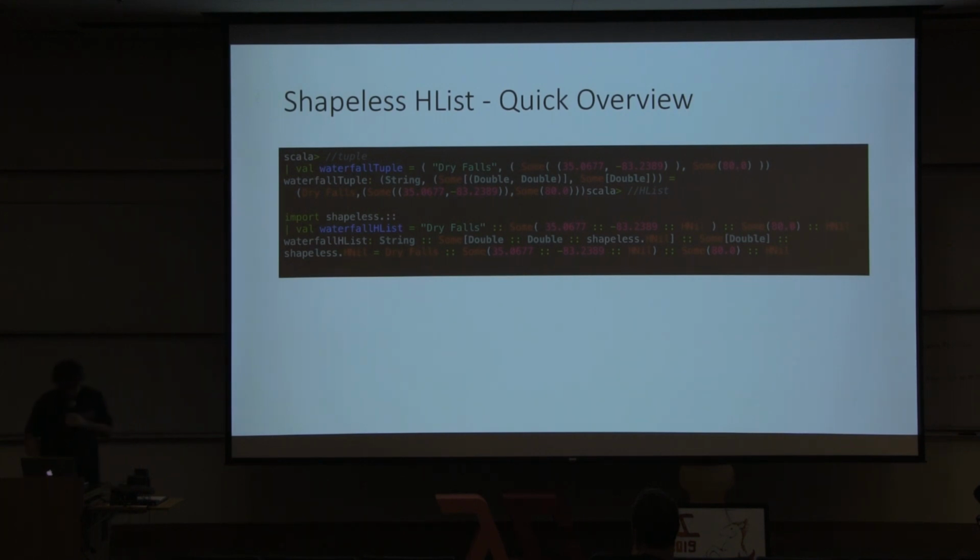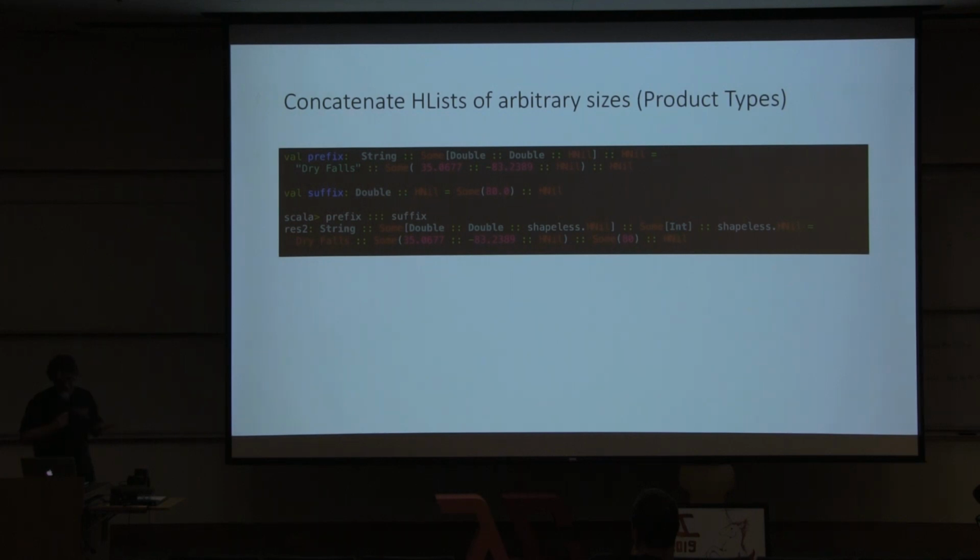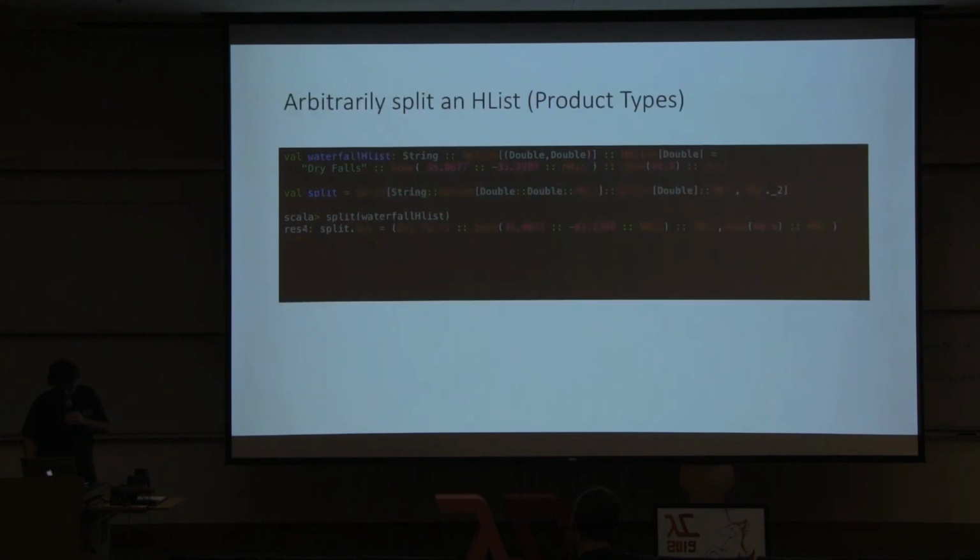Okay, nice thing about HList is we can concatenate HLists of arbitrary sizes. So this is like our product types. The double colon is a cons, so you're just prepending one element, but the triple colon allows you to concatenate two HLists together.